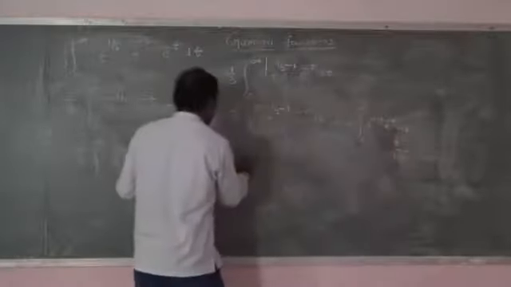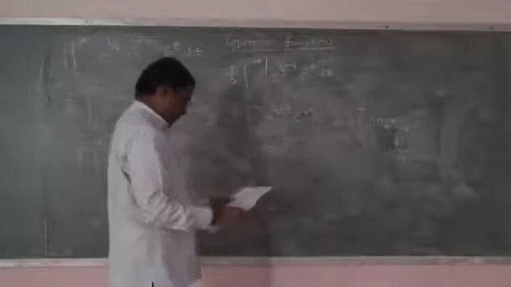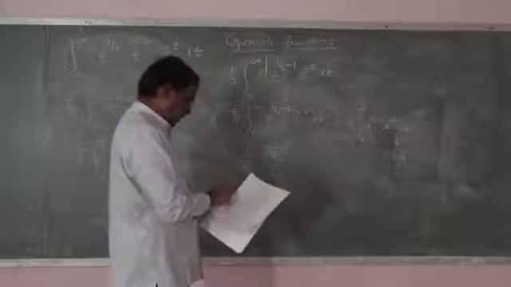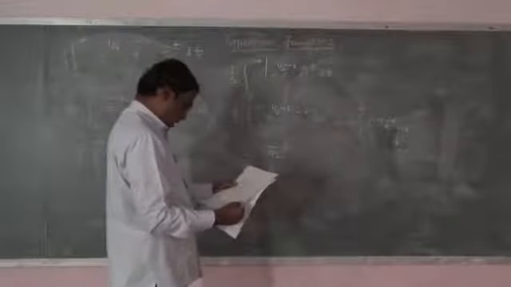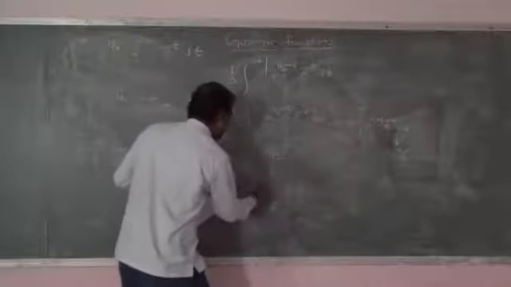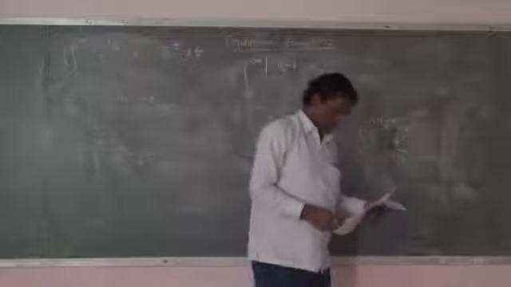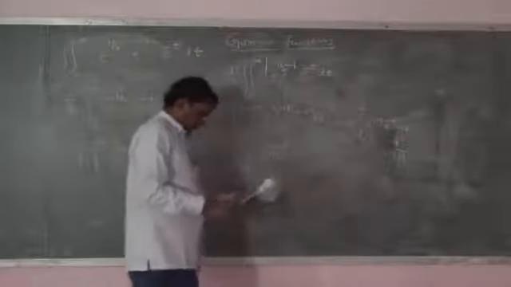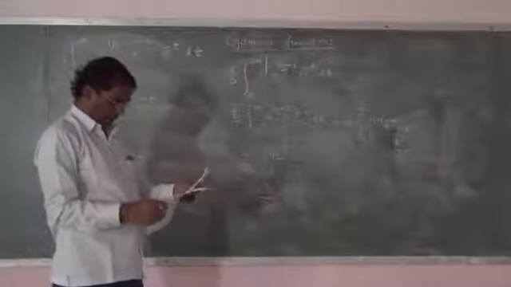So here we write 1 by 3 gamma half, and gamma half is root pi, so the answer is root pi by 3. Got it? So root pi by 3.